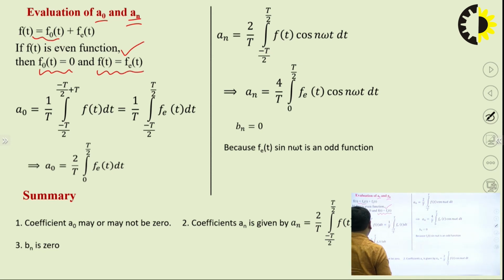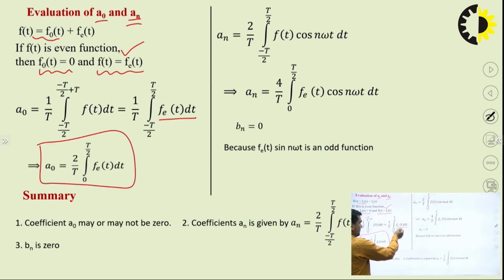Then a0, as per the formula, is 1 upon T times the integral from minus T by 2 to plus T by 2 of f(t) dt, where T is the time period of the function f(t). Here it is 1 upon T times the integral of f_e(t), because f(t) is an even signal, and a0 becomes 2 times the integral, because of even symmetry.